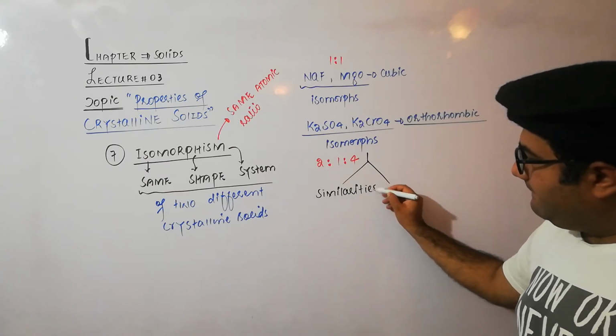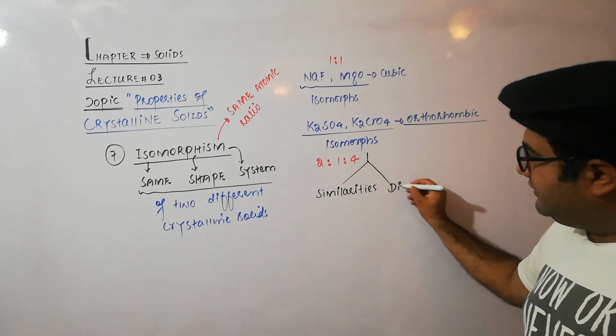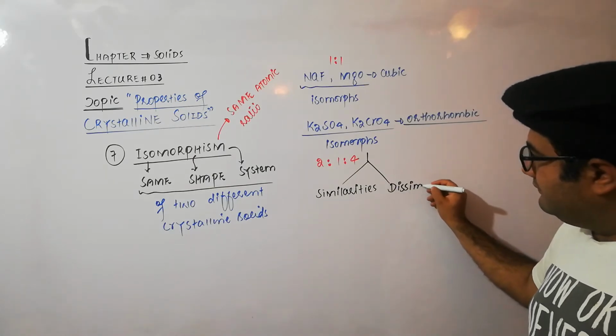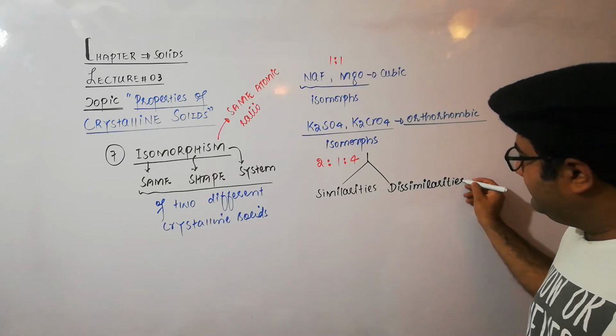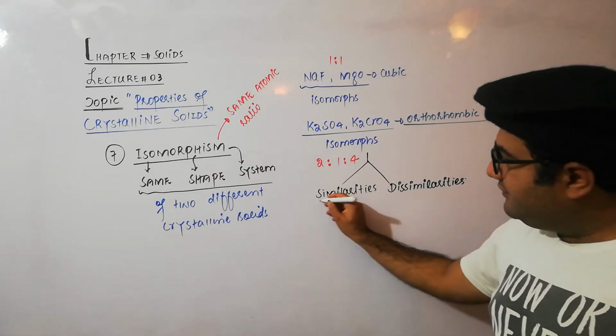Now isomorphs have certain similarities and certain dissimilarities. What is their similarity?